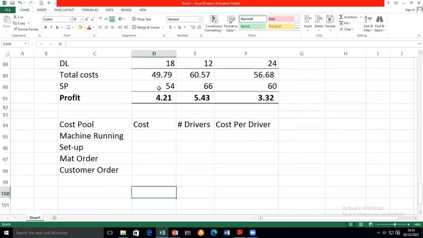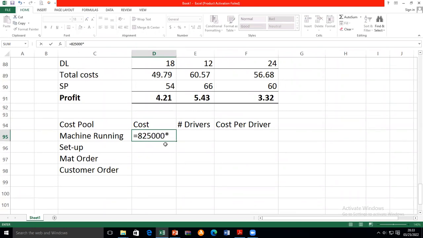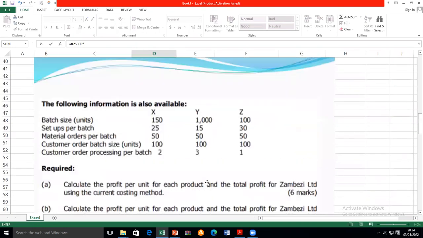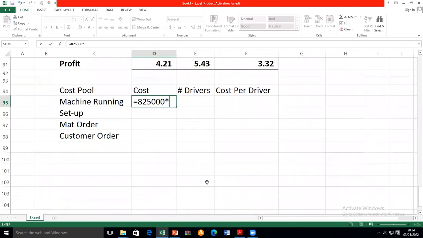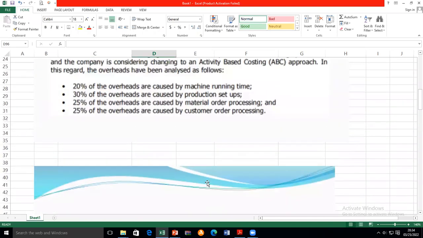In terms of the costs, the cost is 825 by the percentage. What is the percentage? 20%. So that's the first one there.